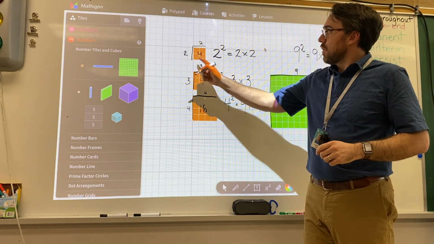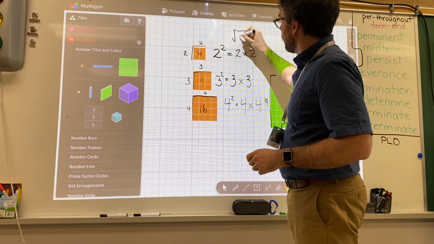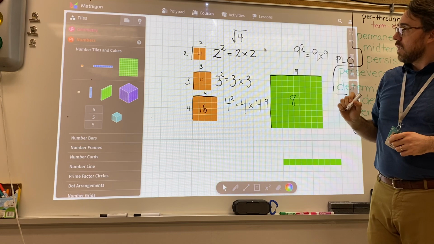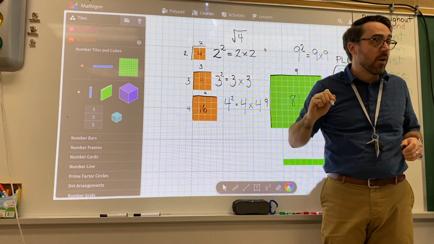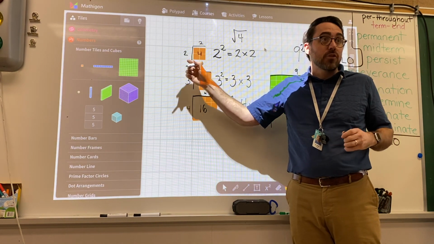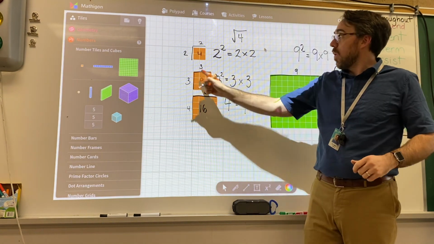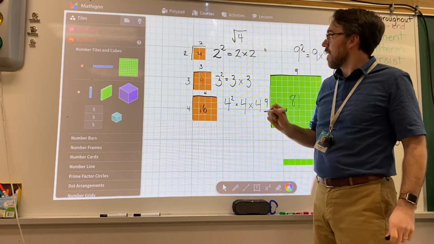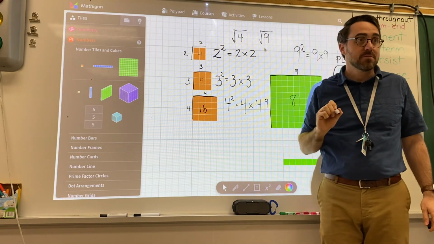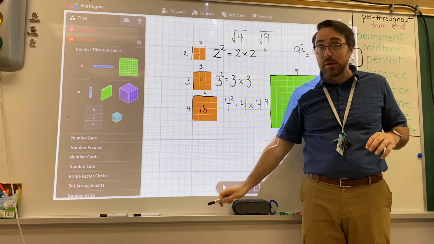So if 2 squared is 4, the square root of 4 is 2. Because square root just means the root of that square. One of the sides of that square. Okay? If I do the square root of 9, it's 3. Going there next. It'll be lots of fun.